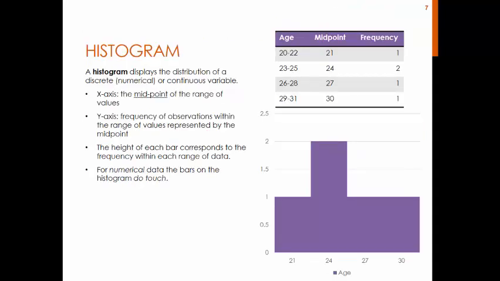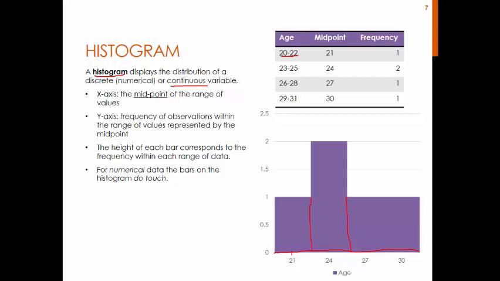For continuous data or numerical data, we use a histogram. It looks like a bar chart. It's made up of many bars, but notice now they're touching, so there's not any space to indicate the continuity of the continuous variables. On the x-axis, we have age, but instead of each individual age, we have the midpoint of the different groupings.